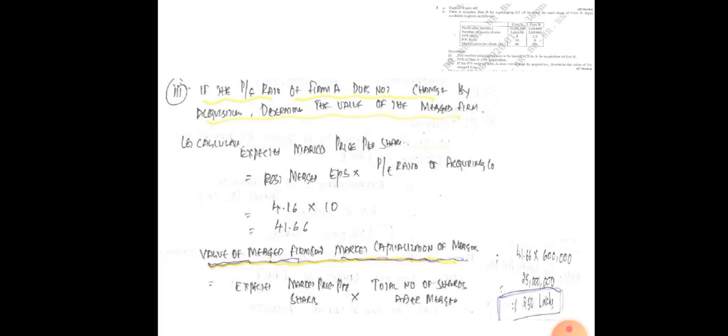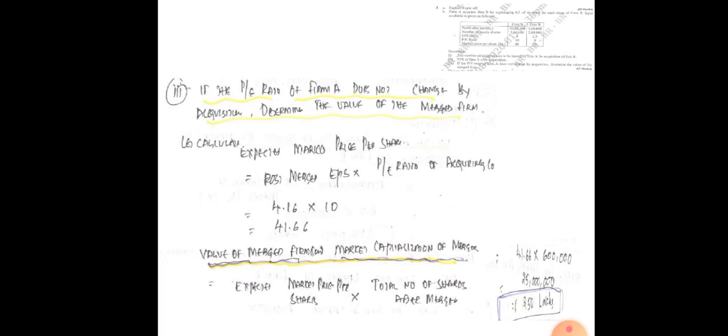Once you get the new market price after the merger, then we can calculate the market value, also called market capitalization, of the merged firm. The formula here is the expected market price per share, which is calculated previously, that is 41.66, multiplied by the total number of shares of the merged firm after the merger, right?